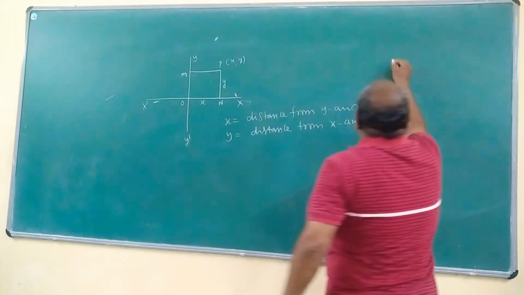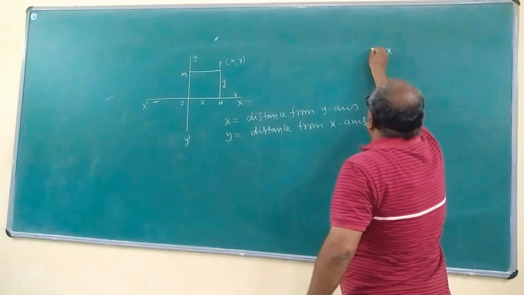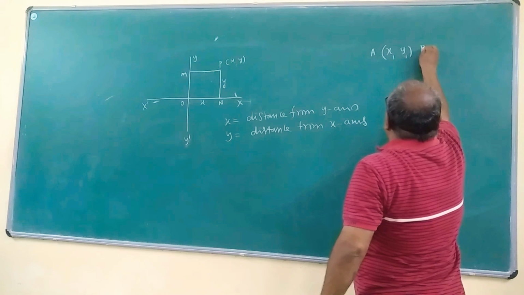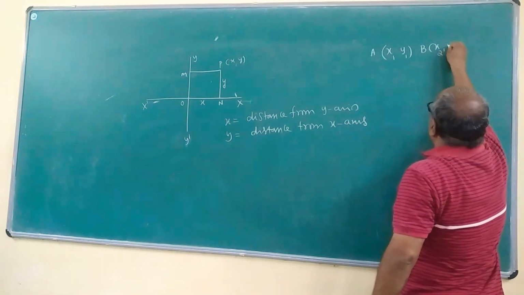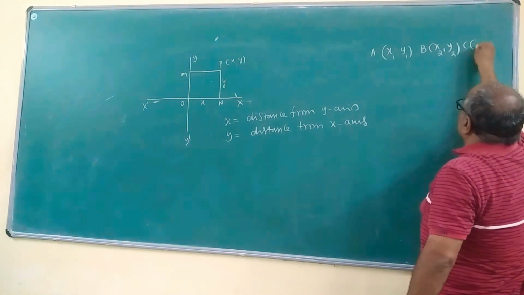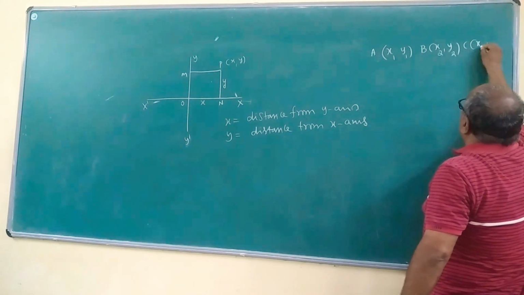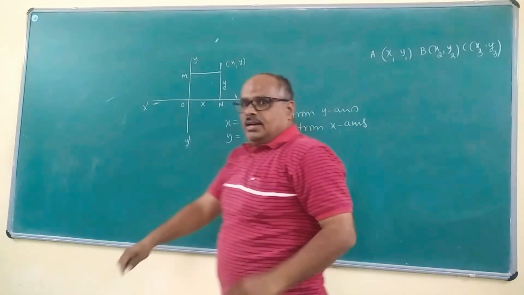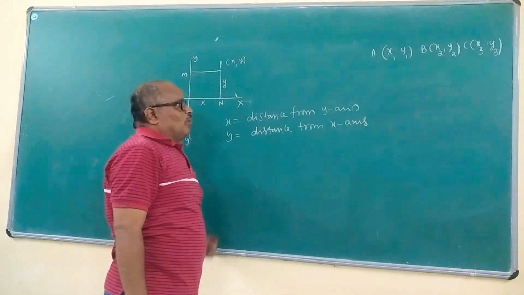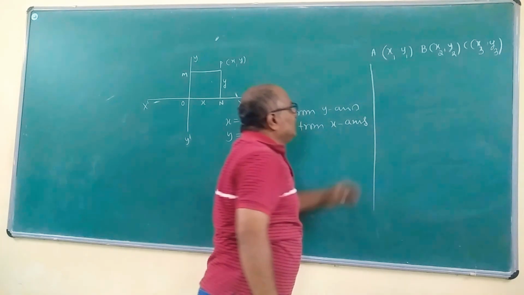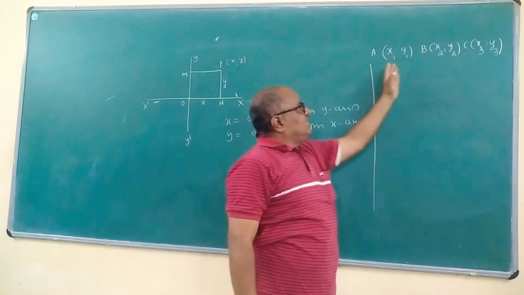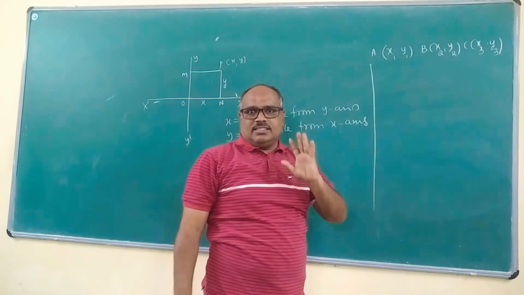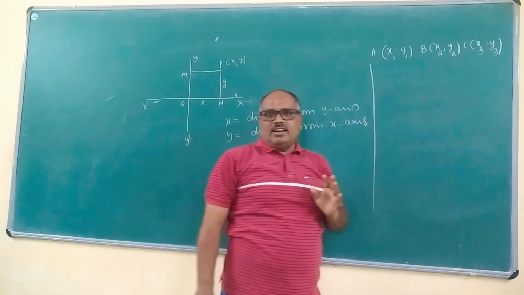After that, say one of the coordinates is A, x1 comma y1, B coordinate x2 comma y2, and C coordinate x3 comma y3. Now these three points are the vertices of an isosceles triangle, scalene triangle or equilateral triangle.